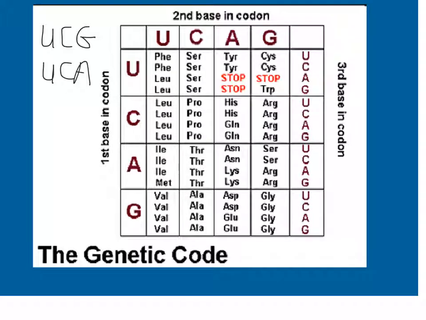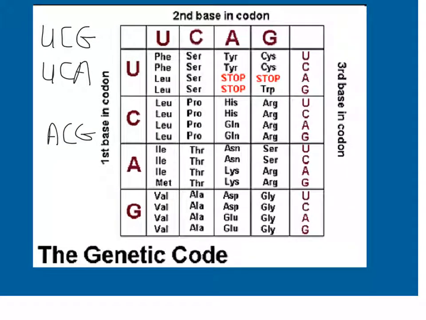So if it happens in the second and third base, sometimes there is actually no change. But if it changes this first base, that's when a different amino acid is most likely going to be coded for. So instead of saying UCG, let's say this time it codes for ACG.